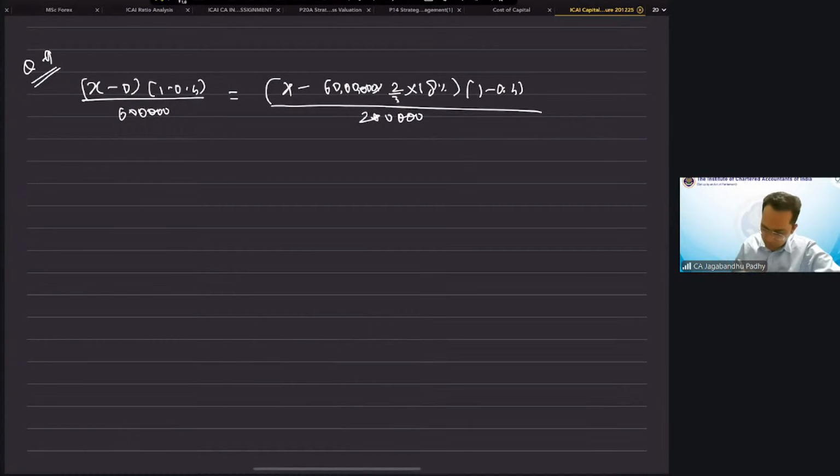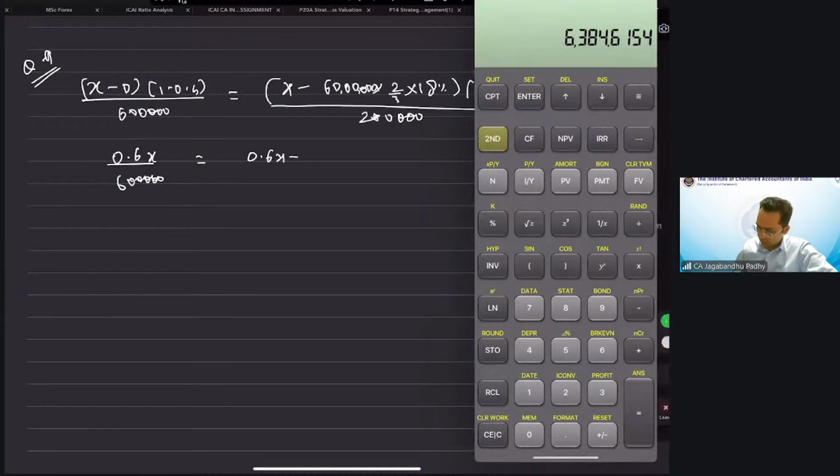Okay, so we can calculate the indifference point. This is going to be what? 0.6x upon 6 lakh is equal to 0.6x minus 60 lakh into 2 by 3 into 18%.